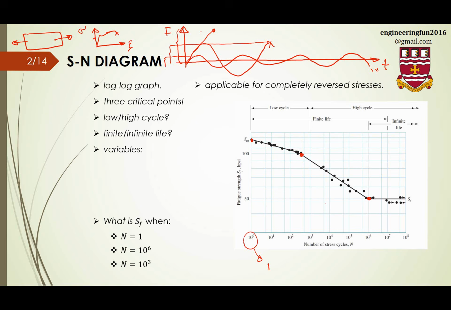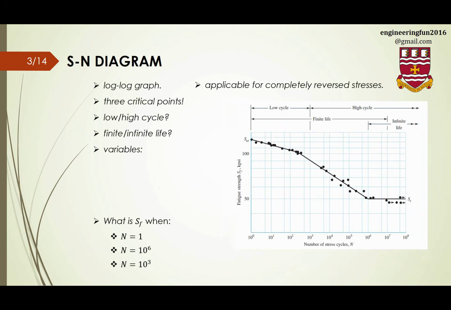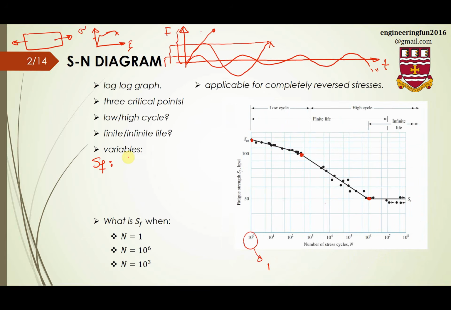There is one point before I continue, and I'm going to tell that one later. One of the variables that we have on the vertical axis is SF, and that is fatigue strength.